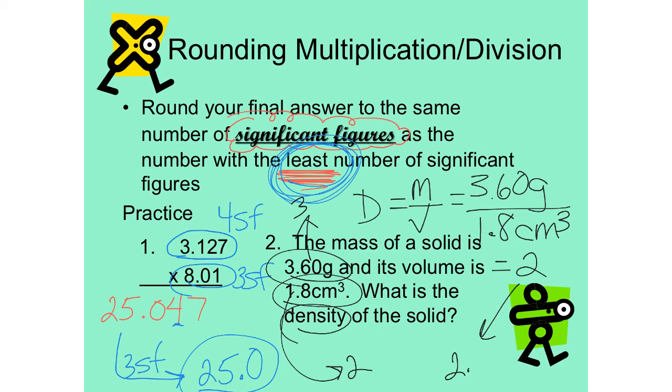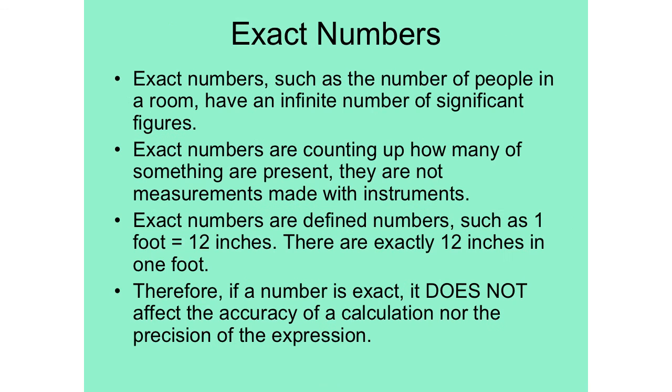So that would be our units. So again, your significant figures in your answer need to match the significant figures in the least precise measurement, because you're limited by your least precise measurement.